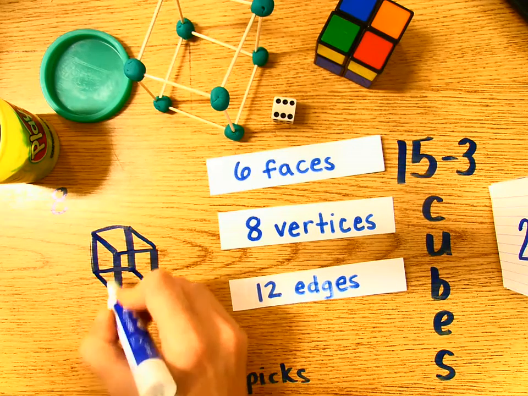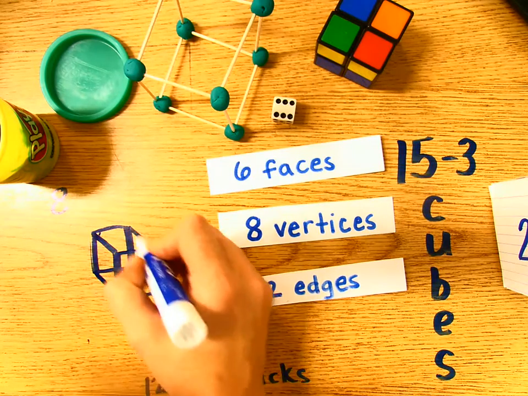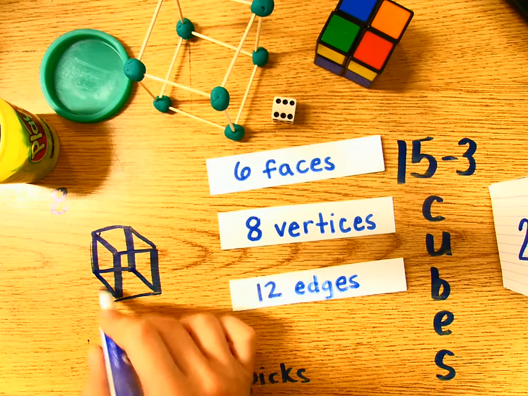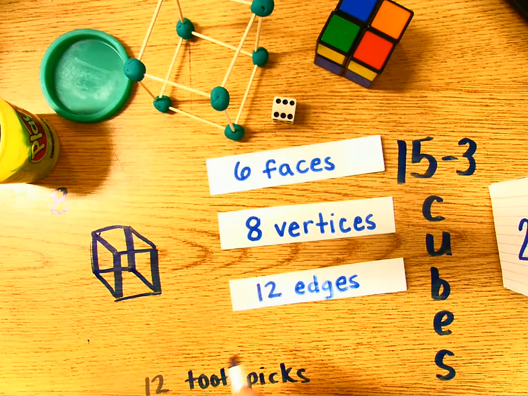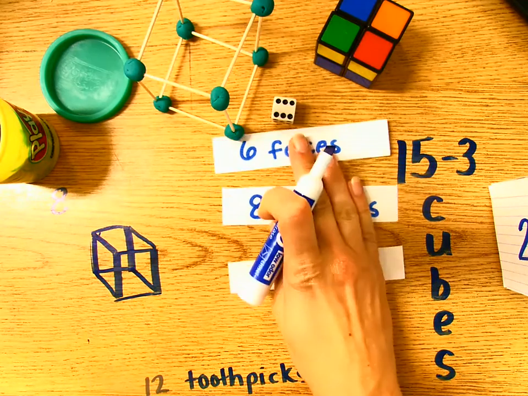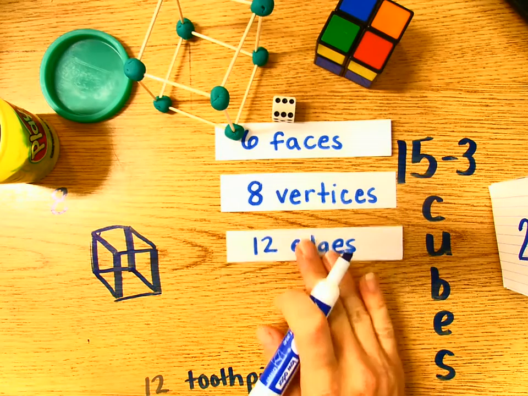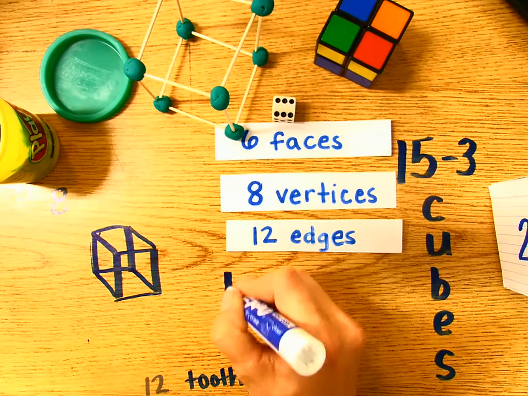So I connect the 2 top right corners, the 2 top left corners, the bottom left corners, and the bottom right corners. I'll show you that one more time because part of the lesson today is going to be drawing cubes.